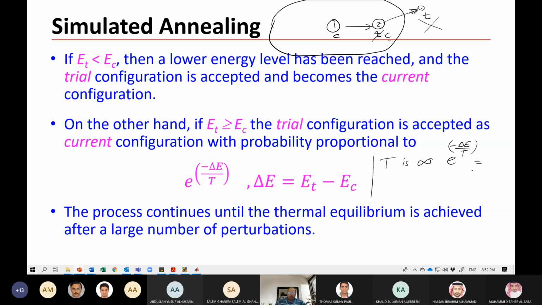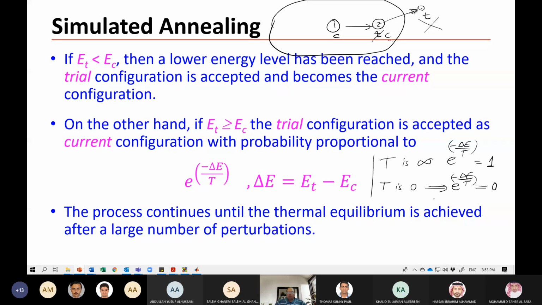It becomes 1. If T is very low, let us say 0, then this e to the minus delta E over T becomes 0.